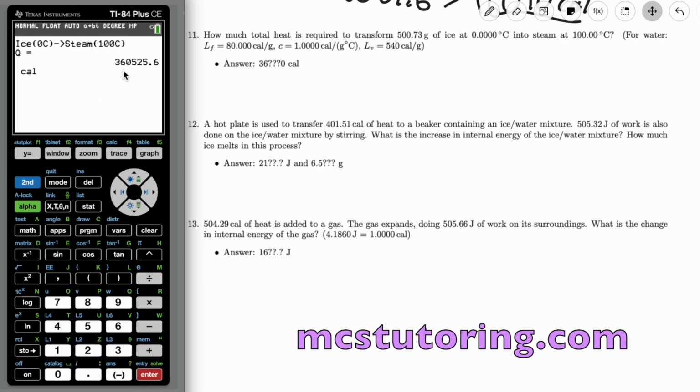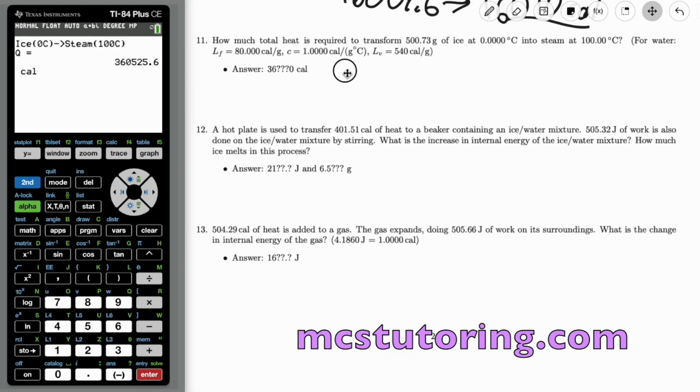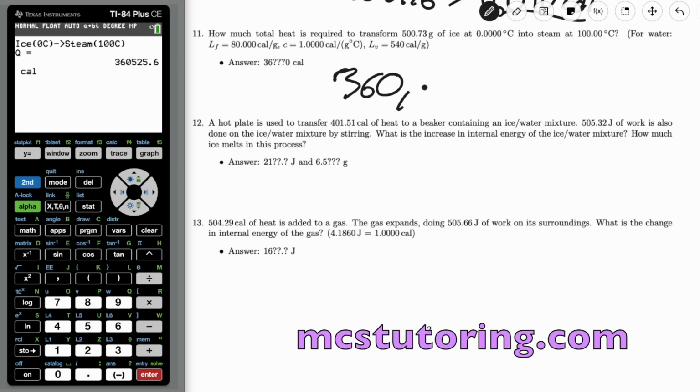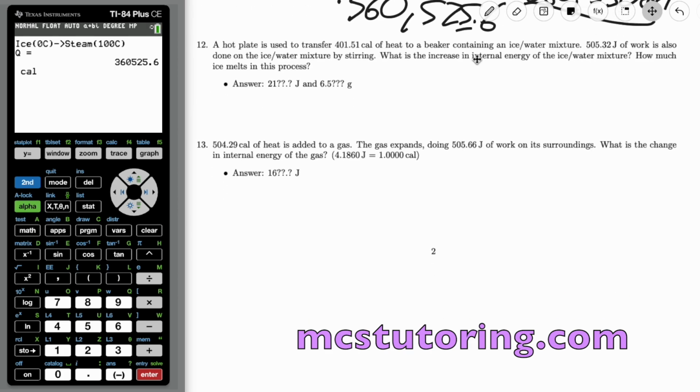And then it takes, oh my gosh, that's a ton. Okay, this is definitely not 0 in the units place, even if I round. So I'm just going to round it to 360,530 calories. This is the one I think I'm wrong because I went through a test of this and I'm like, man, I think I got it wrong.